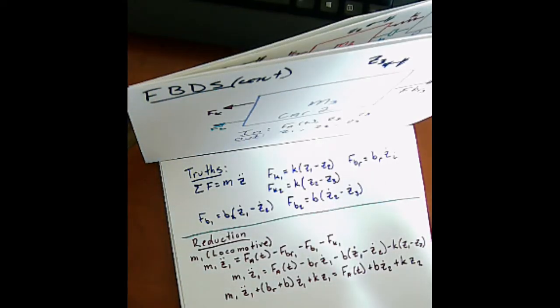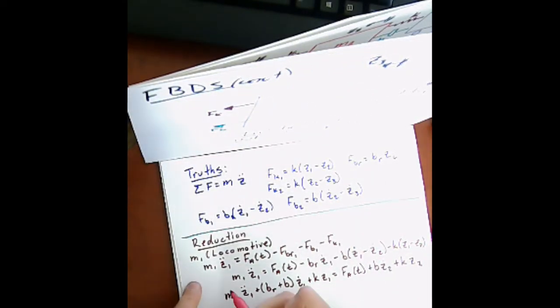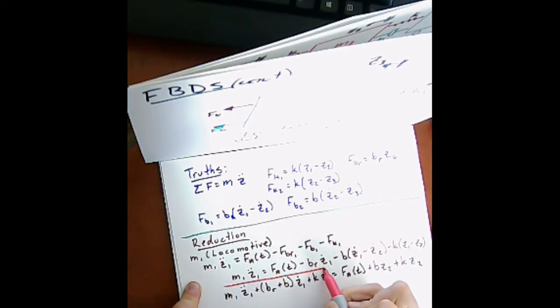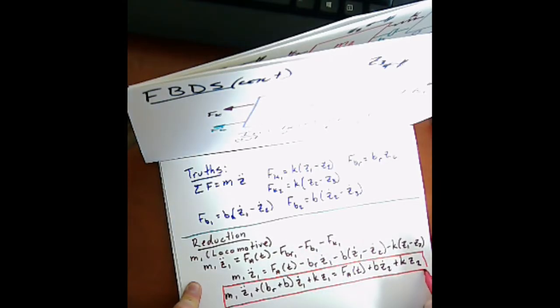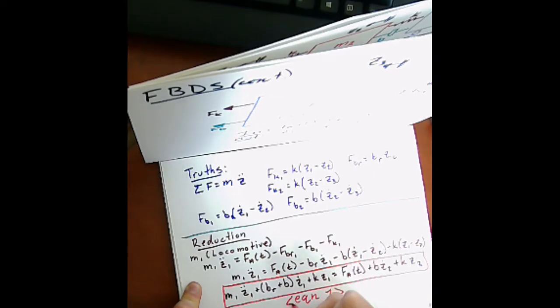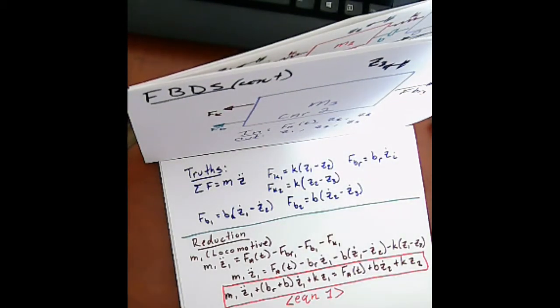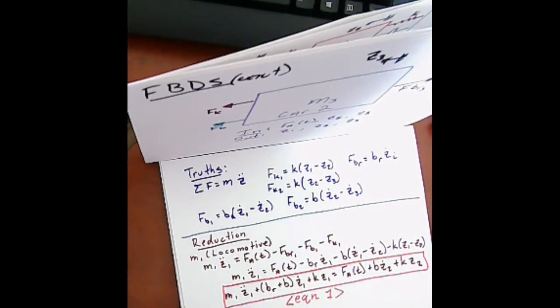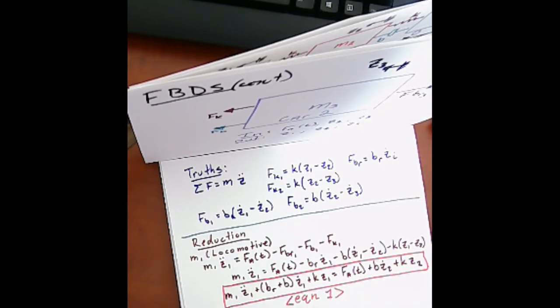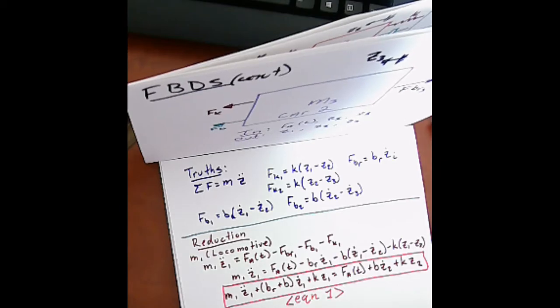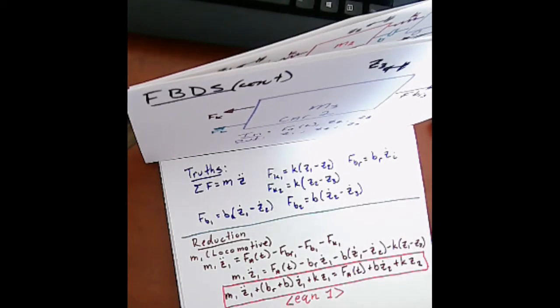And we'll save this guy right here. Equation 1. So equation 1 is M1 Z double dot 1 plus quantity BR plus B, Z dot 1 plus K Z1 is equal to F sub A of T plus B Z dot 2 plus K Z2.